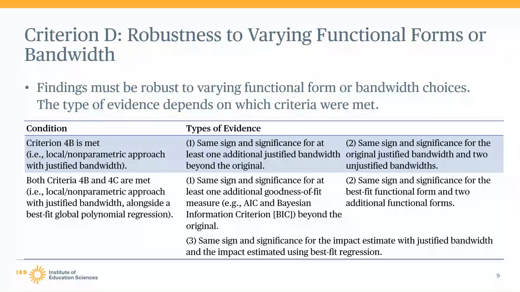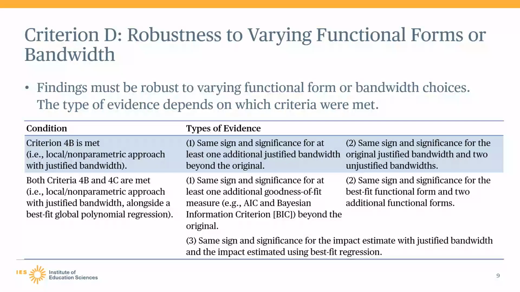For example, this criterion would be satisfied if the impact corresponding to the functional form selected using the AIC goodness of fit measure is the same sign and significance of an impact corresponding to the functional form selected using R².